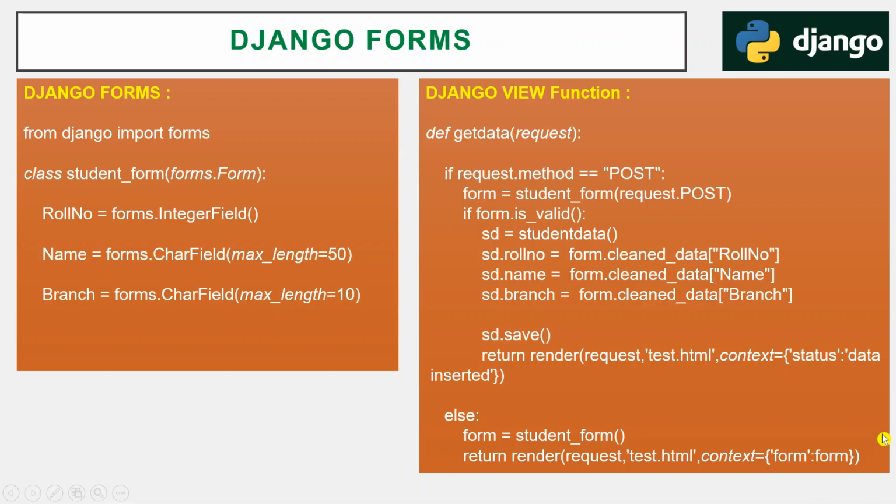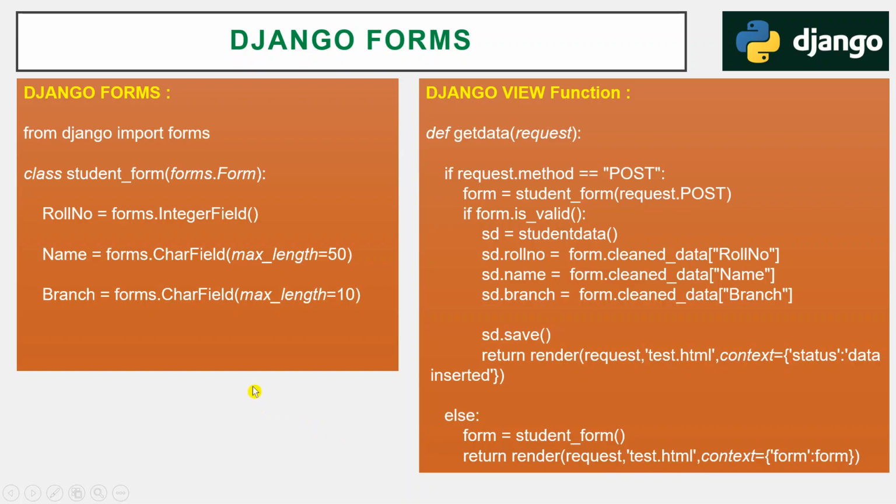You can give whatever name you wish inside this code, even your own name, no problem, but at the front end side you need to specify this key name in order to get the value. If you didn't submit the form, that means post is not happening, then simply the student form will be instantiated and rendered to the test.html page.